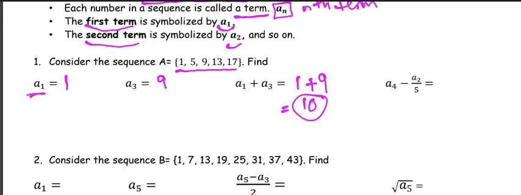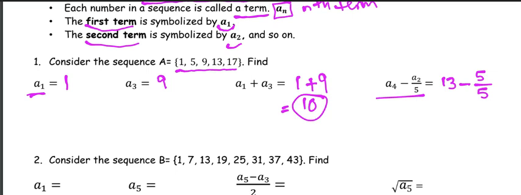The fourth term minus the second term, divided by 5. We're going to have to find out the numbers so we can solve this problem. The fourth term in this list is 13, minus the second term in this list, which is 5, divided by 5, based on the expression that I have.